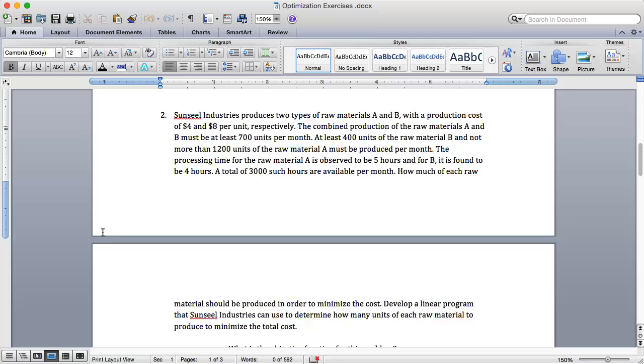So 5 hours per unit for A, and for B, 4 hours per unit. And we have a total of 3,000 such hours available. So what we would like is a linear program model that will allow us to optimize by determining the minimum cost needed to produce materials A and B subject to our constraints.